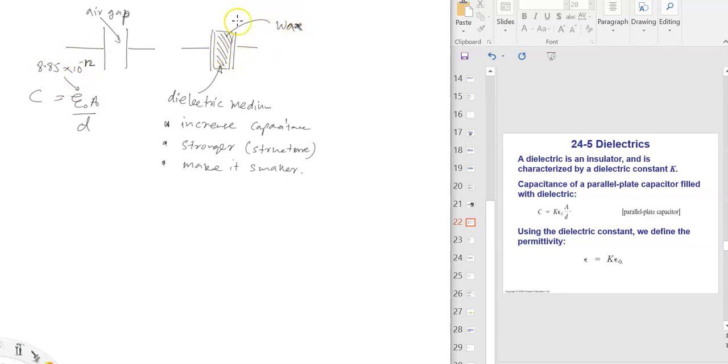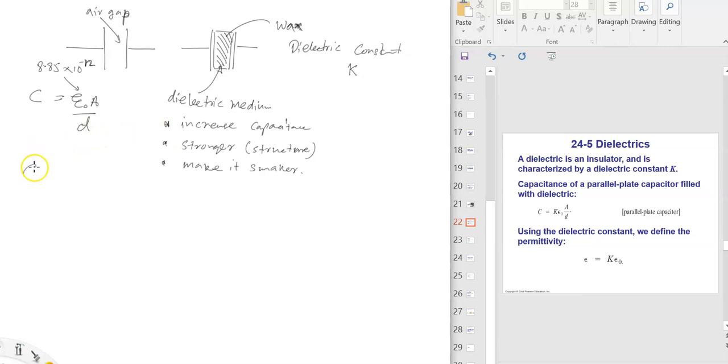So the new permittivity is given by something called the dielectric constant, K. So wax will have some K number, plastic will have a different K number, different oxides will have their own K numbers.